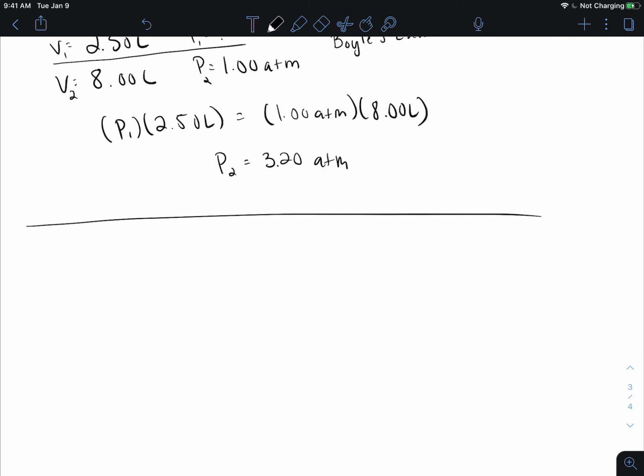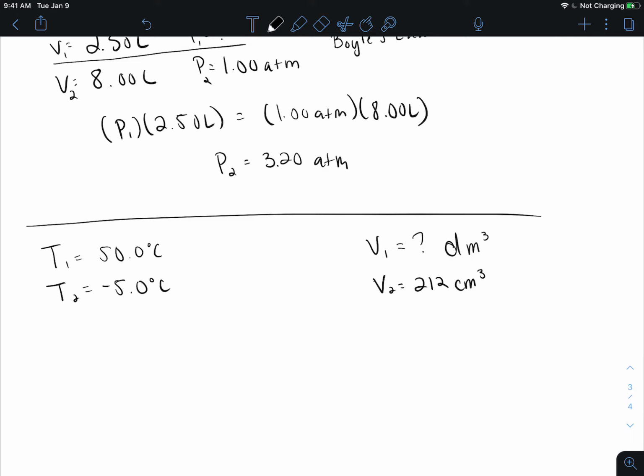So, in the next example, we have a sample of hydrogen with an initial temperature of 50.0 degrees Celsius, and it is lowered, giving a temperature of negative 5.0 degrees Celsius. At that lowered temperature, we have a volume of 212 centimeters cubed, and we want to know what our initial volume is in decimeters cubed.